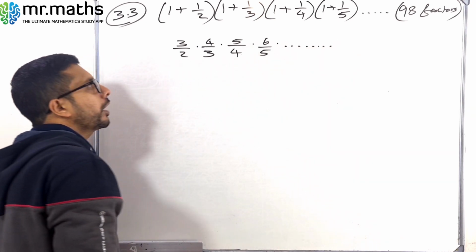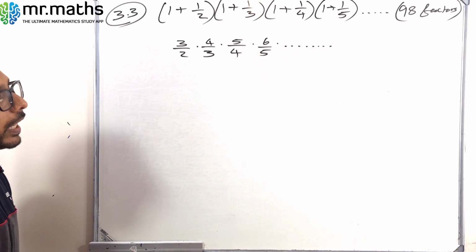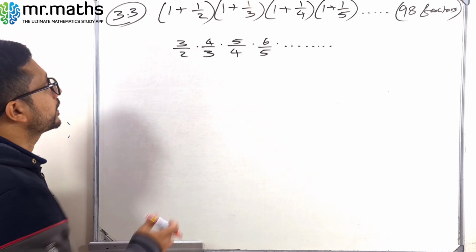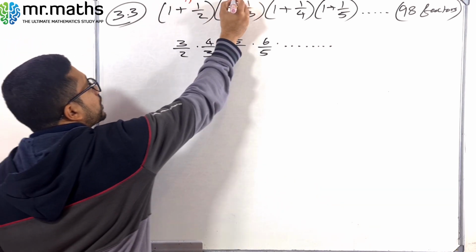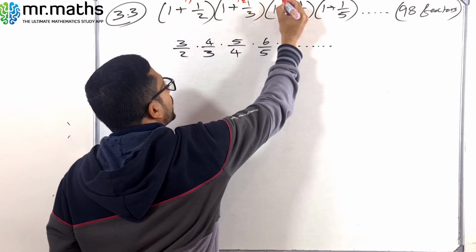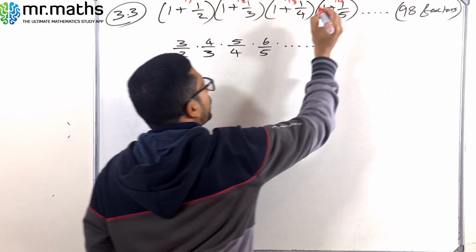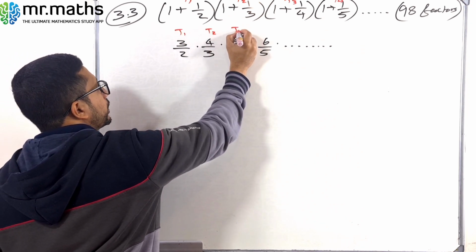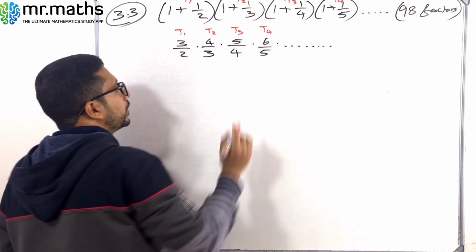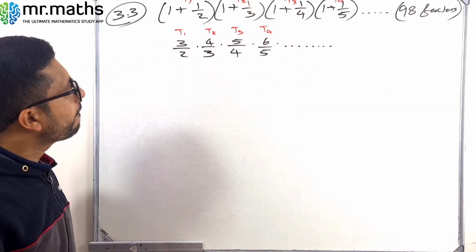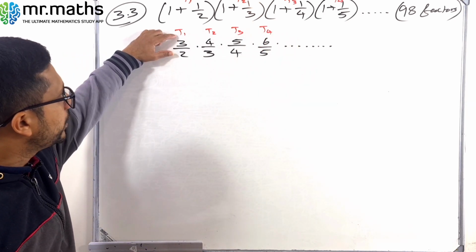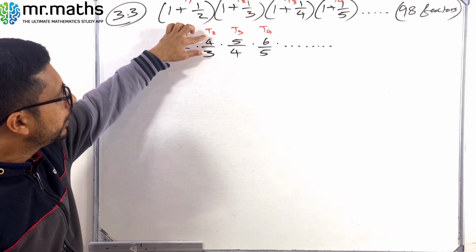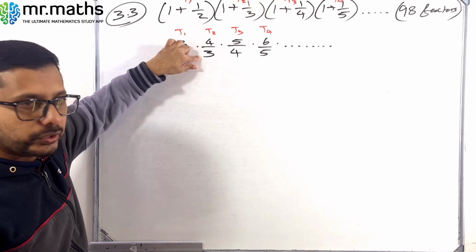Now how can I find the last term? 98 factors. So now look at this one. You have to apply your common sense. This is the first term, second term, third term, fourth term. First term is 3 by 2, then second term is 4 by 3.